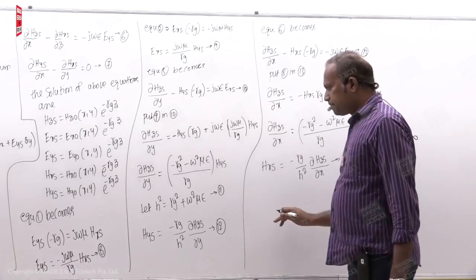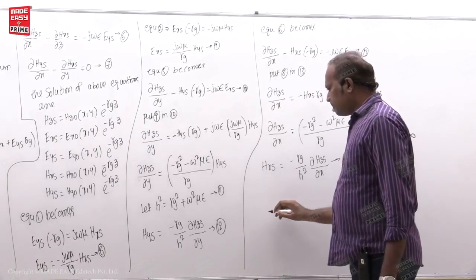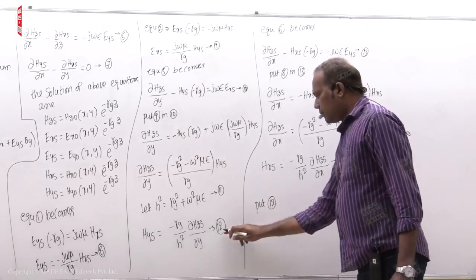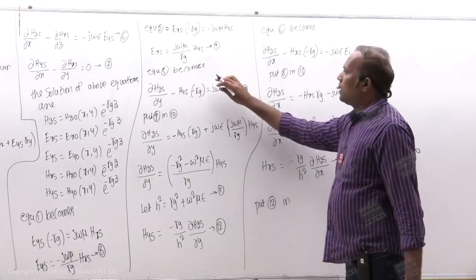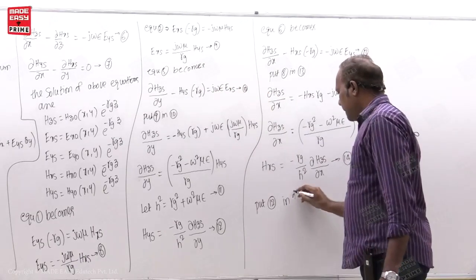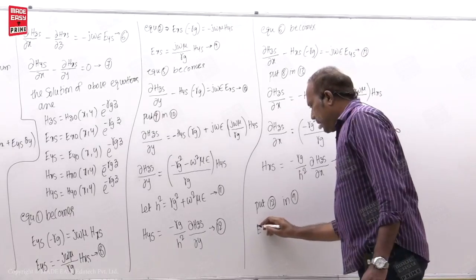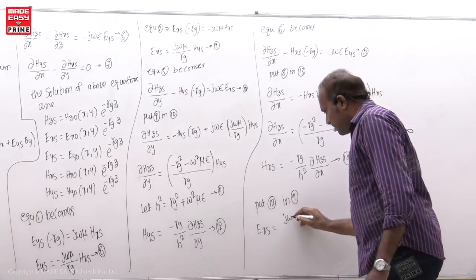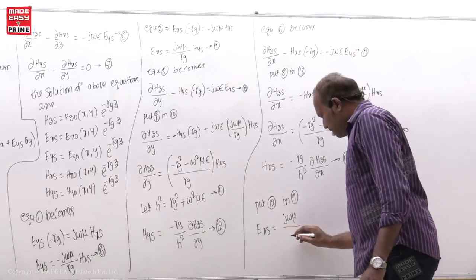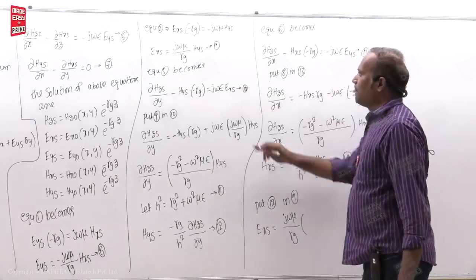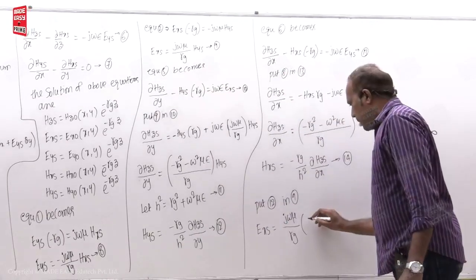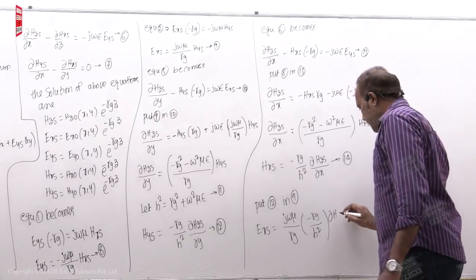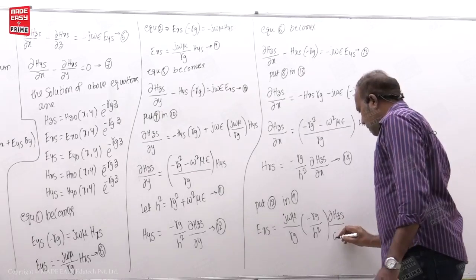So now put equation 12 in equation 9, then you get Exs equals j omega mu gamma g, Hys is minus gamma g divided by h square, so dou Hzs divided by dou y.